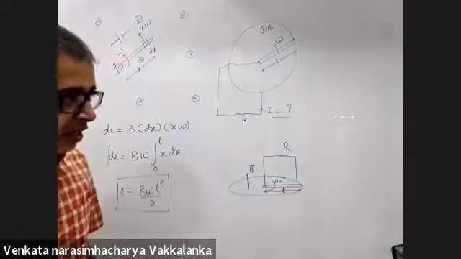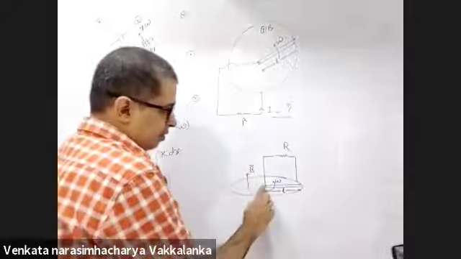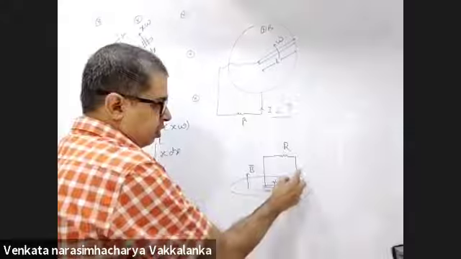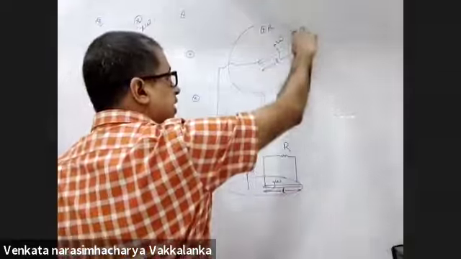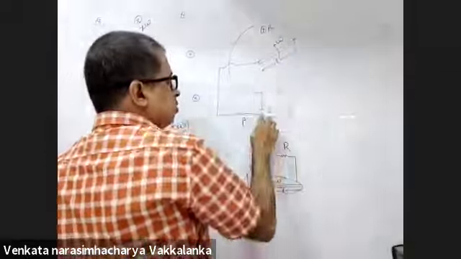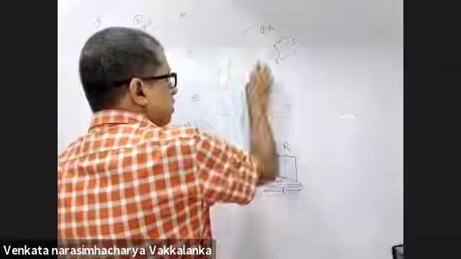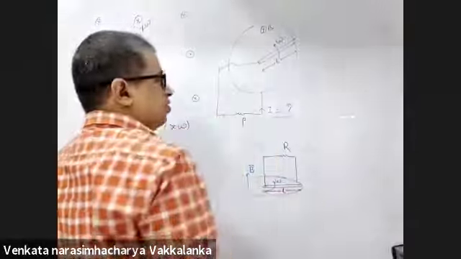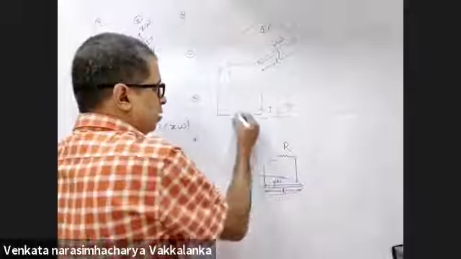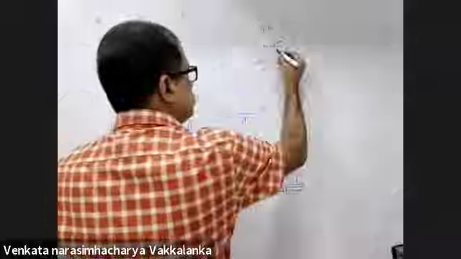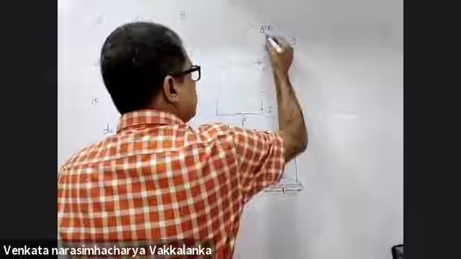Same is the situation here. The EMF across the rod. The rod is sliding inside a smooth ring, so the ring is connected to this end of the resistor, and the other end of the rod is connected to this end of the resistor. So what will be the current in this particular resistance? This rod will behave like a battery of this direction.